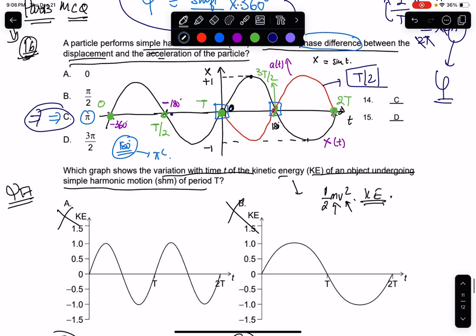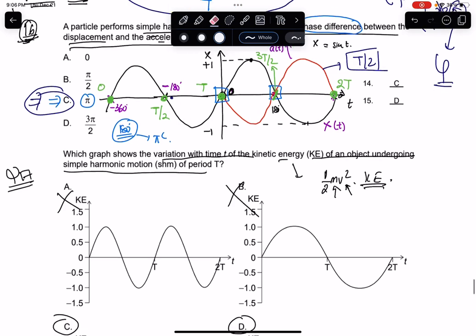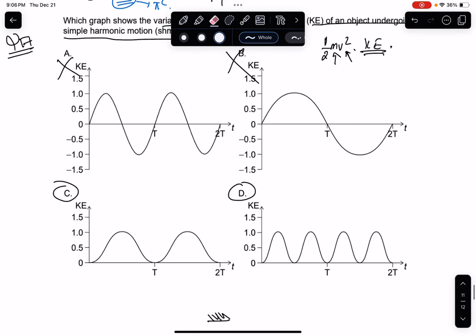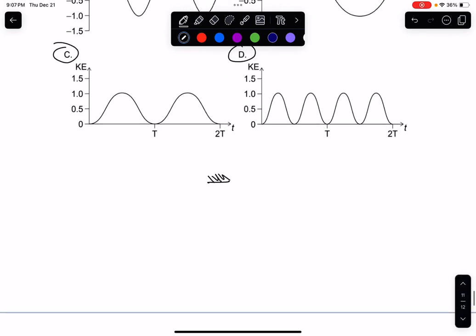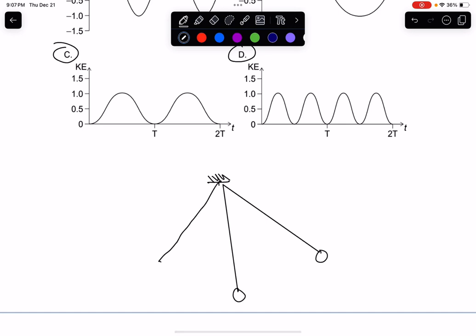We know that the graph is starting off at 0, and the kinetic energy is 1/2 mv squared, so we're just looking at the velocity graph. We want to see how the velocity in a simple pendulum changes, because we can infer how the kinetic energy will change with that.